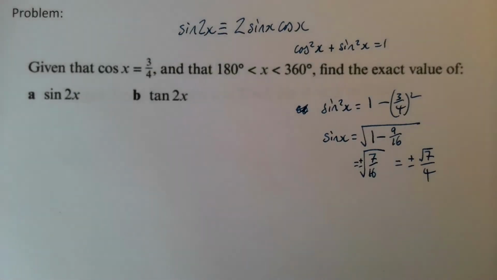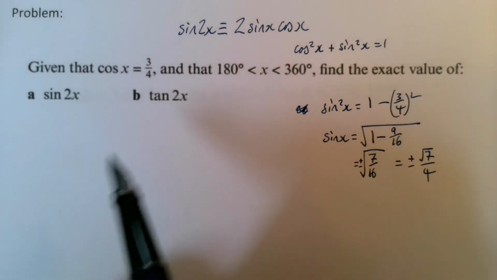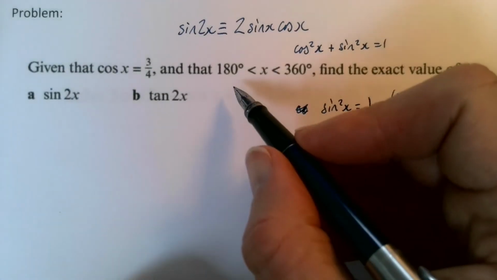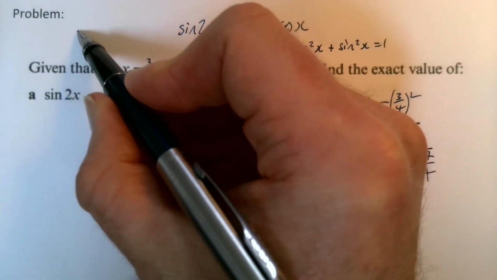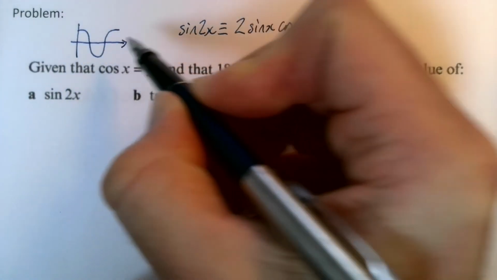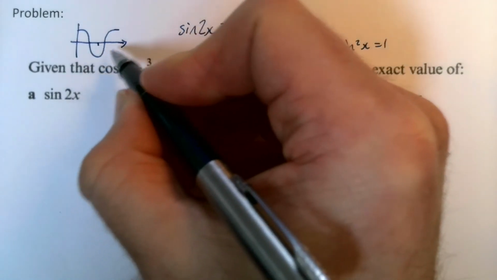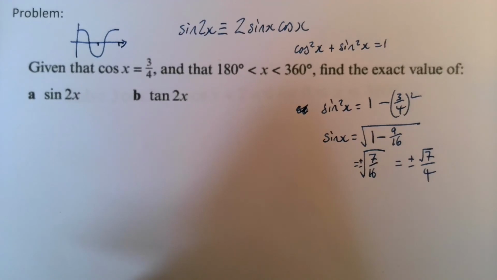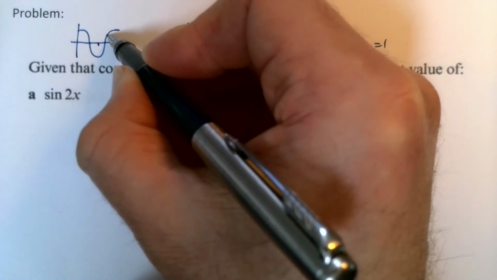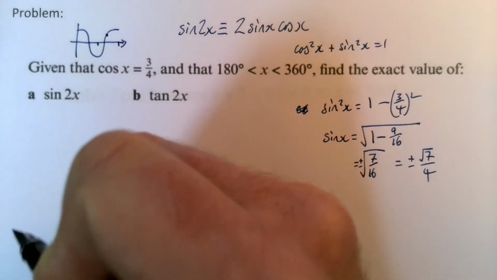So we know that our cos x is 3/4. So if cos x is 3/4, and we're between 180 and 360, and 3/4 is going to be about there.